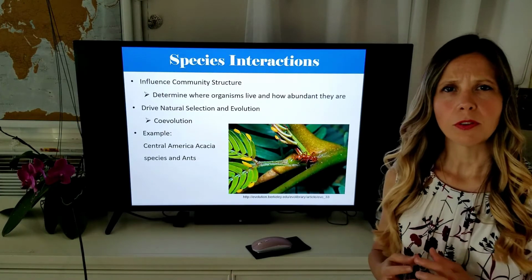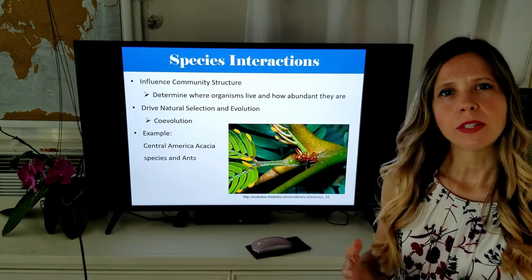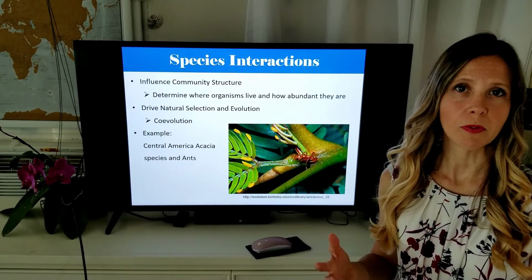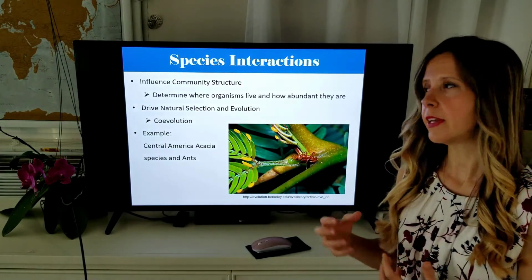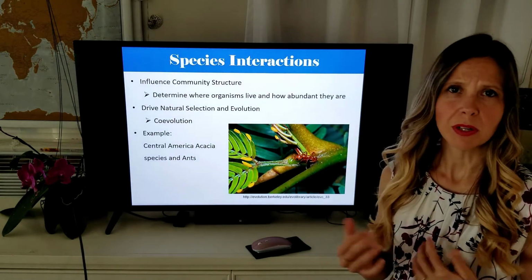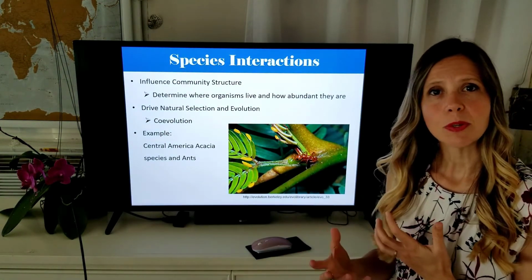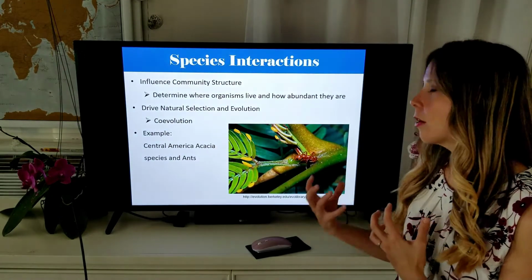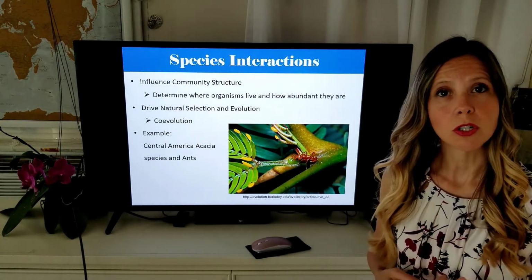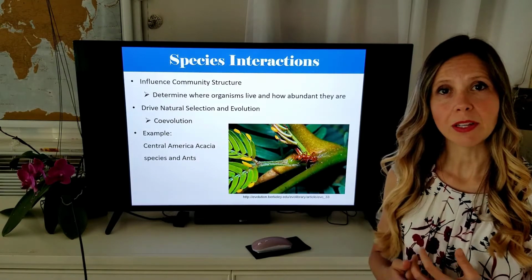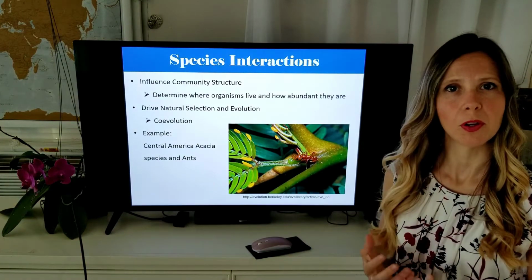Now this is an example of coevolution. The ant would not have needed to have defenses against herbivores unless it evolved living on this acacia species, because herbivores wouldn't naturally eat the ant. Once again, the acacia species evolved these hollow thorns and this nectar in order to attract the ant and keep the ant living on it so that it could get protection from the herbivores.